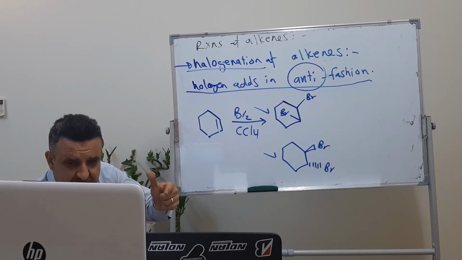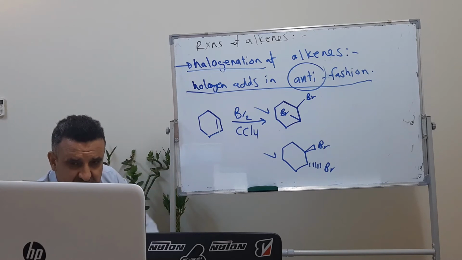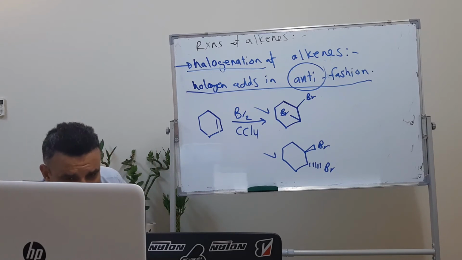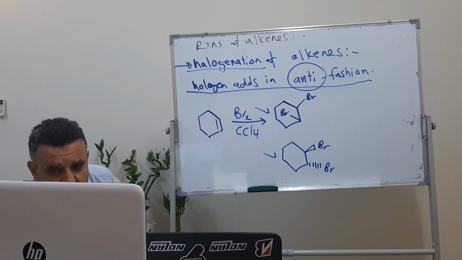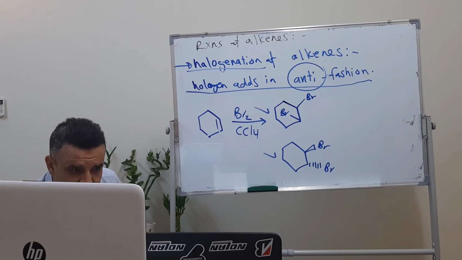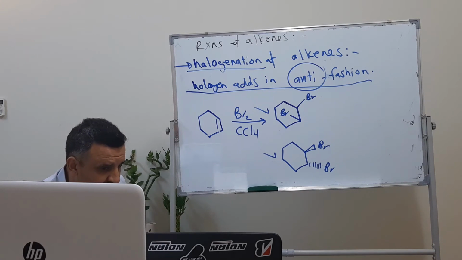What about the stereochemistry of the two bromines on the cyclohexane system? Are they on the same face or opposite faces, Zainab? They are trans. So the correct name of this compound must be trans-1,2-dibromocyclohexane. Is that clear, guys? Is there any question about it?